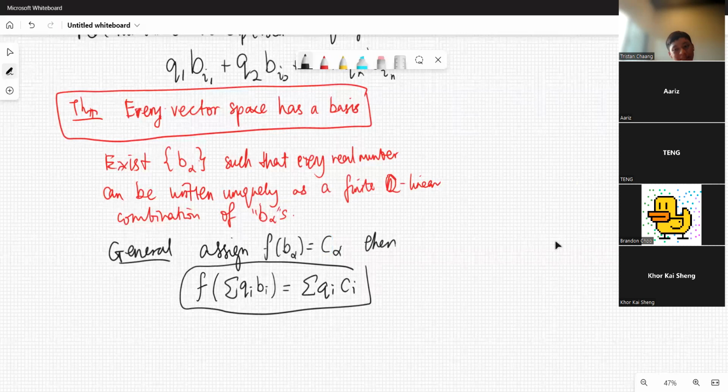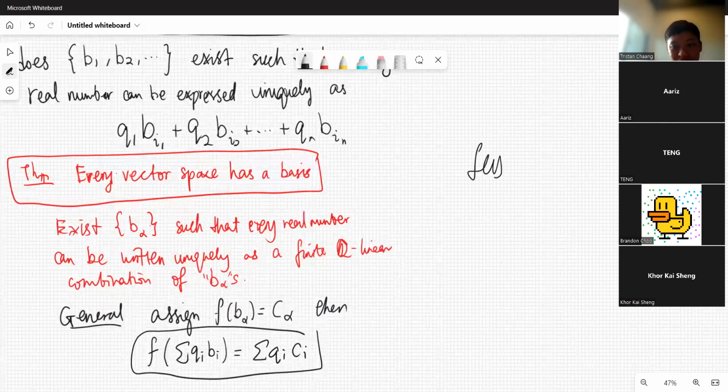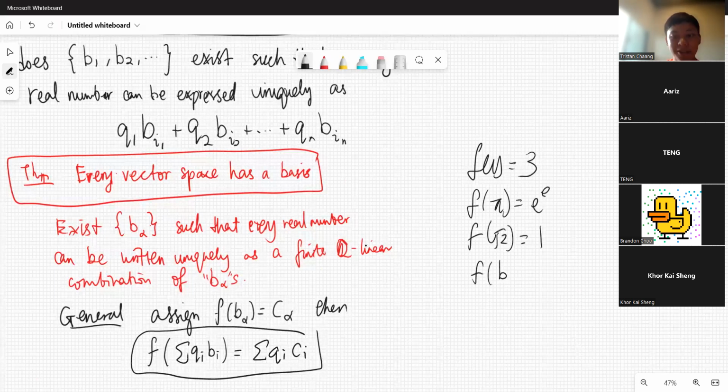But I mean, you can write out some obvious ones. Like, let's say you can have f(1) is, let's say, 3, and then f(pi) is 7. Or let's say we just be crazy and say f(e^e) is something, and then f(square root 2) is 1, and then let's say f of everything else is 0.